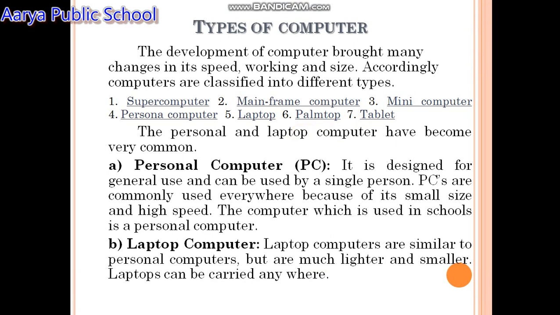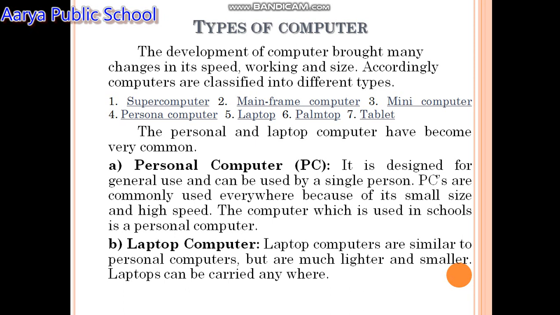The personal and laptop computer have become very common. Dear students, in our daily life we use a PC, that is a personal computer, and a laptop computer. It is designed for general use and can be used by a single person. PCs are commonly used everywhere because of their small size and high speed.